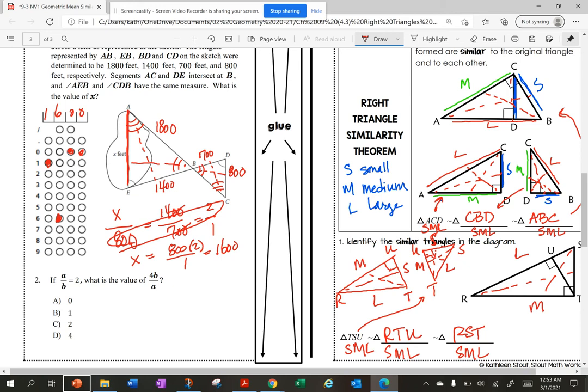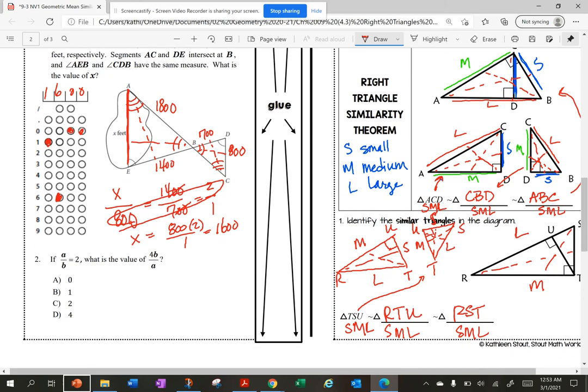What if a divided by b equals 2? What is the value of 4b divided by a? So a divided by b equals 2 over 1. I want to find b divided by a, so I'm going to flip both sides.